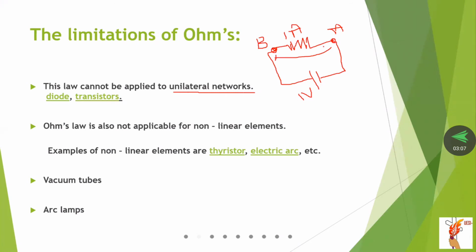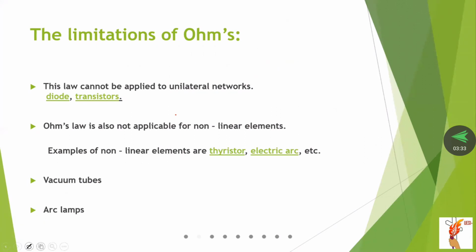Whenever the terminals are interchanged, we follow the same process. So 1 volt we applied, the same 1 amp current is obtained in the circuit. So those types we call bidirectional elements. Bidirectional means, even if we interchange the terminals of the element, its character does not change. So those types of materials, elements or networks, we call bilateral.